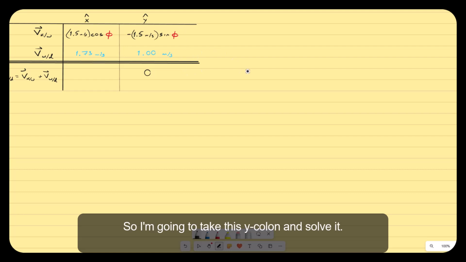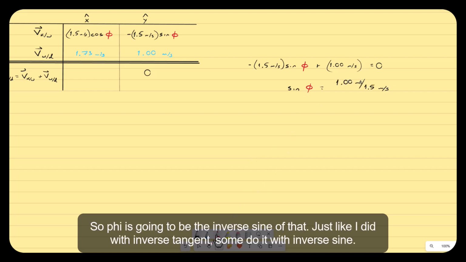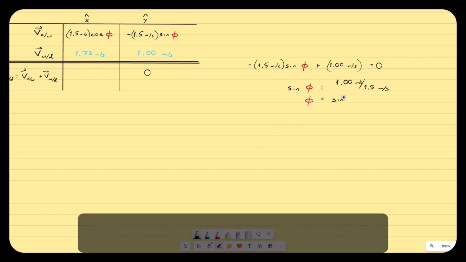So I'm going to take this y column and solve it. So phi is going to be the inverse sine of that. Just like I did with inverse tangents, I'm going to do it with inverse sine. This works out to be 41.8 degrees.